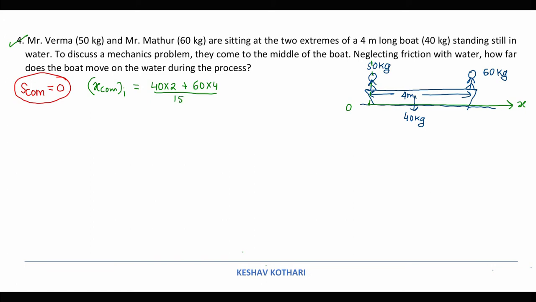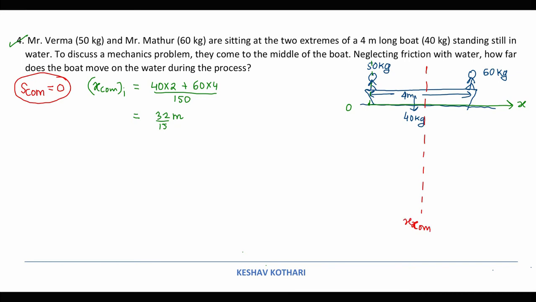So the initial position of center of mass is 80 plus 240, that is 320 by 150, that is 32 by 15 meter from the origin in the x-axis direction. If I mark this point, this is the line of center of mass that we have in the x-axis direction.